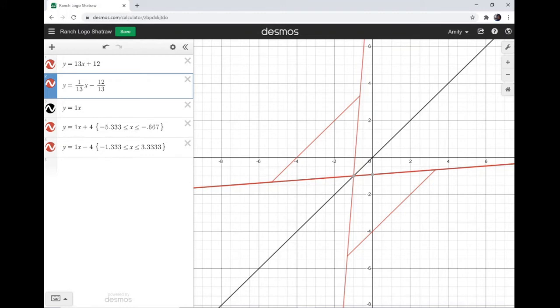And from here to here, I don't want the line to show up. I actually want the line to be just this piece right here because that's the top of my M. So from negative 1 all the way up to, I don't know, that looks like 3.5, 3.6, 3.4, 3.36.